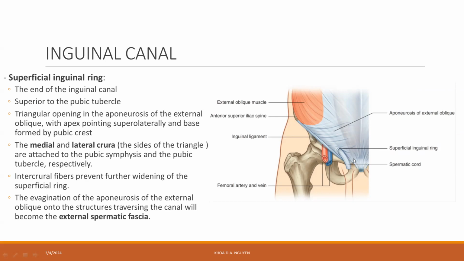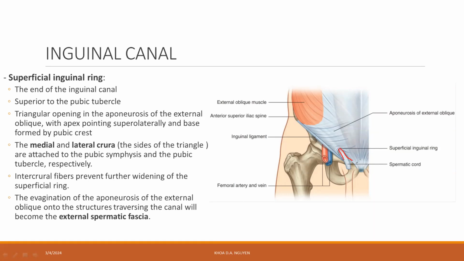The inner part right here is called the medial crus, and the lateral part right here is called the lateral crus. So the medial and lateral crus make up the sides of the triangle, like this. This is the medial crus, and then there's the lateral crus right here.